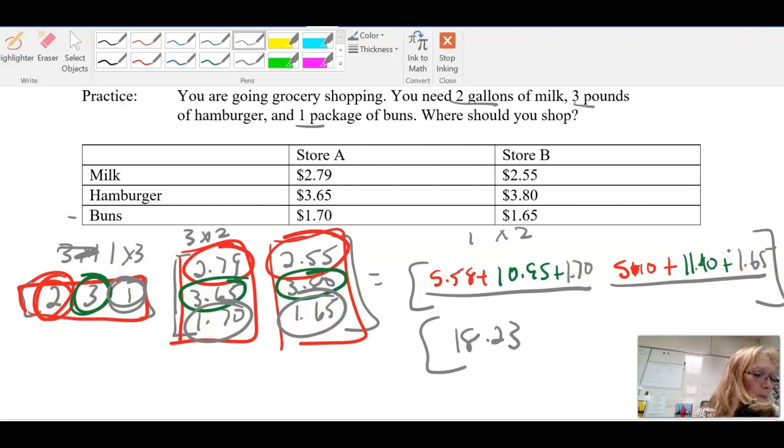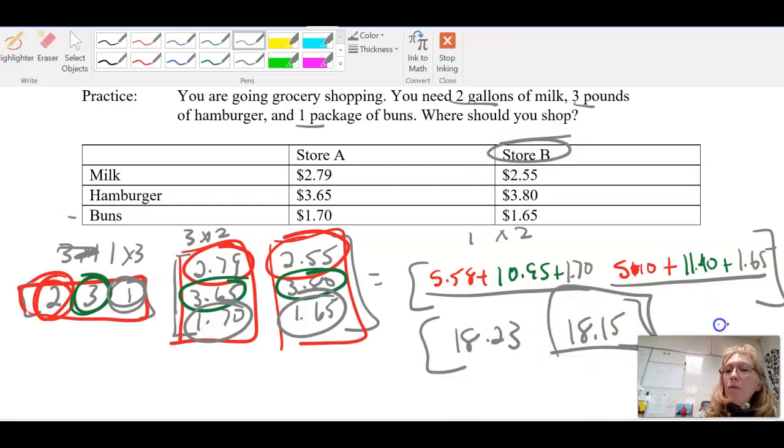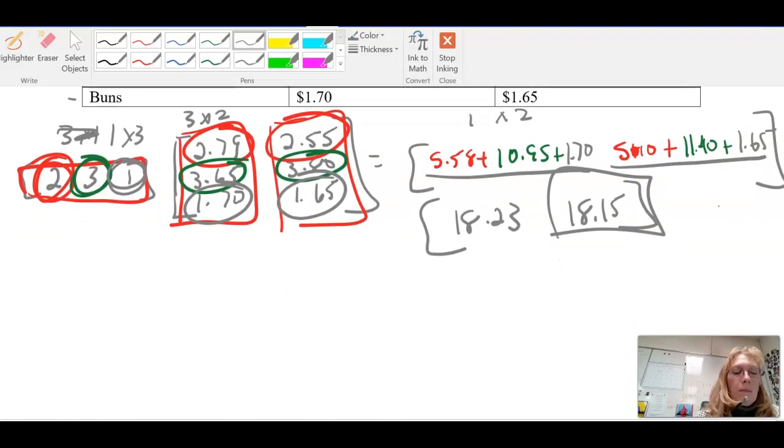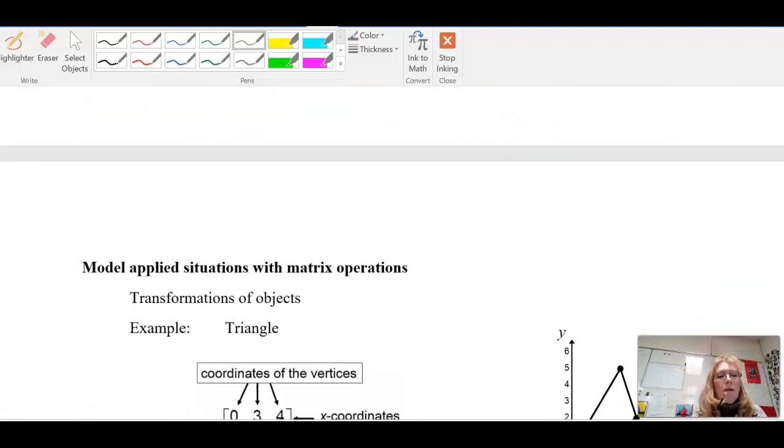Add all those up, and you get $18.15, if I did my math correctly. That means I should shop at store B. I will save more money. I hope you did a good job on this.